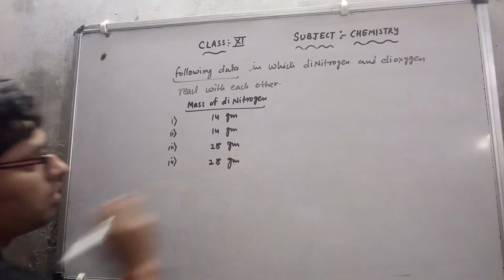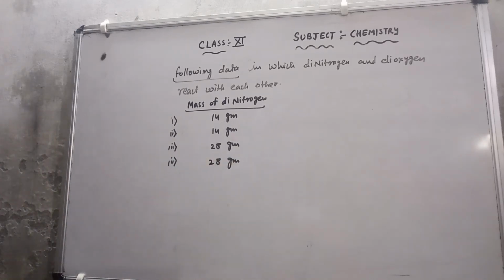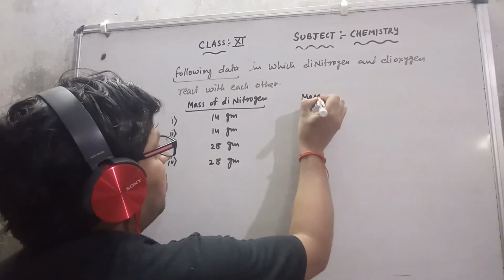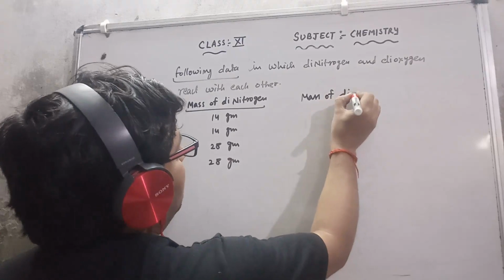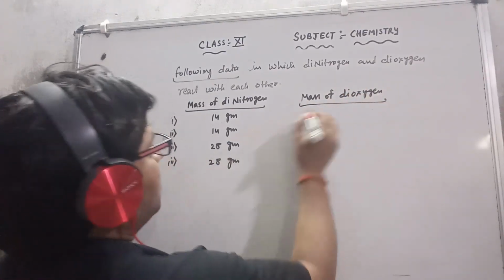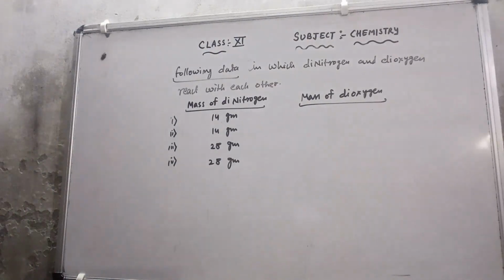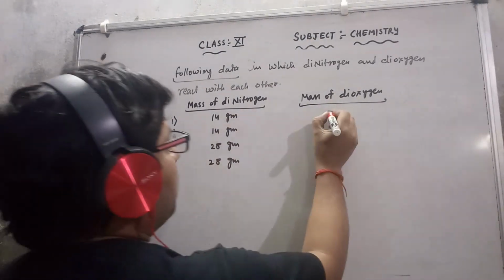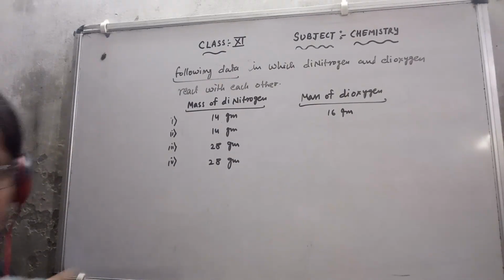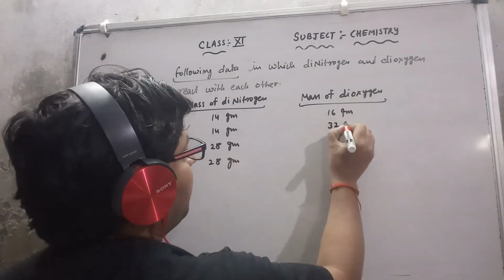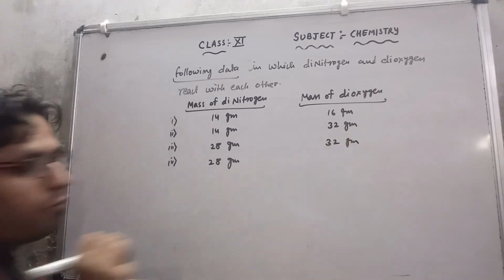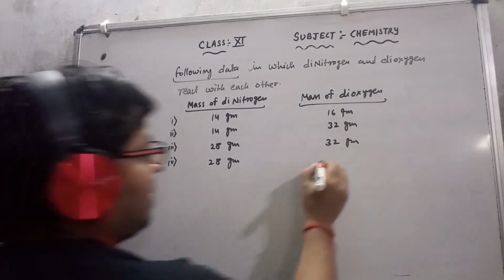And they are giving us the mass of dioxygen which is combined. Suppose the mass of dioxygen is 16 gram, for the second part they are giving 32 gram, for the third part 32 gram, and for the fourth part 80 gram.